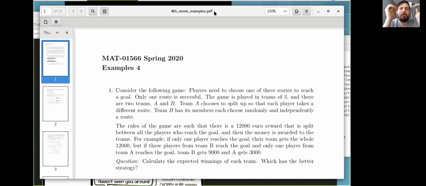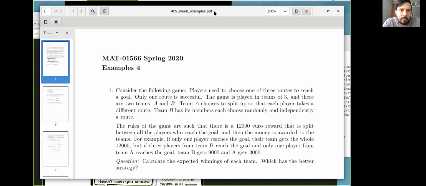So the expected winnings are symmetric. If team B has expected winnings of X euros, then 12,000 minus X goes to A. This is a rather fundamental situation.